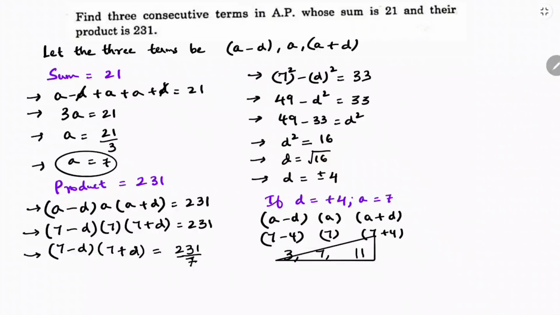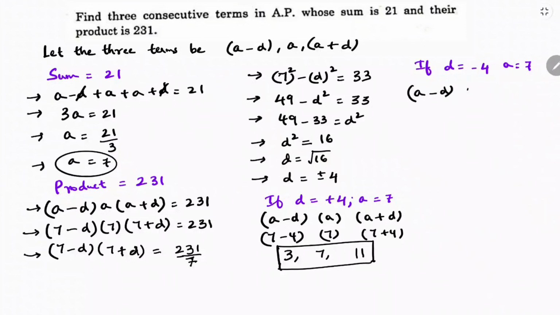But there is one more series possibility. Suppose d is minus 4 and a is 7. In this case, the three terms again are a minus d, a and a plus d.